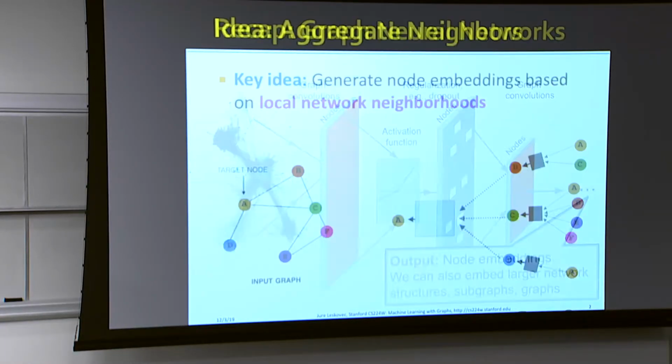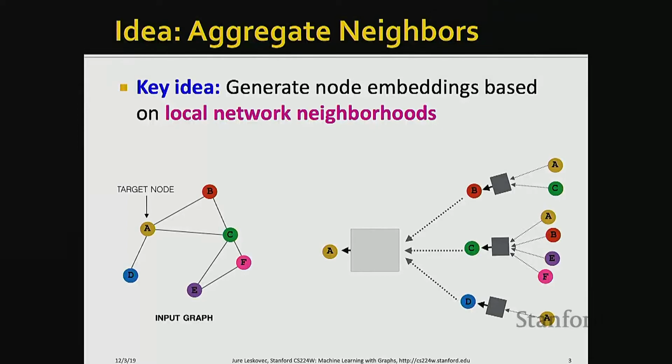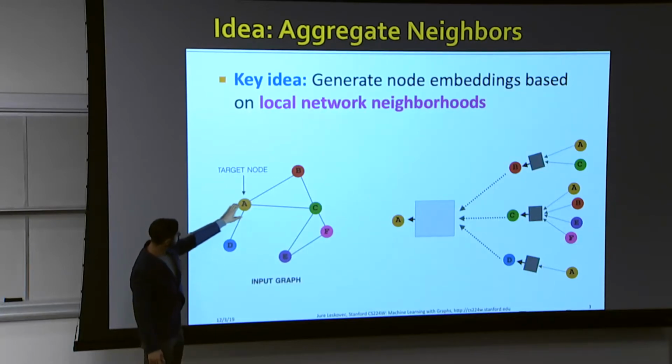How did we do this? Some of the key ideas is that we generate our node embeddings based on the local network neighborhoods. Say A is our target node, and ideally the information that A has is not only its node features, but also the features of the nodes that are nearby it.